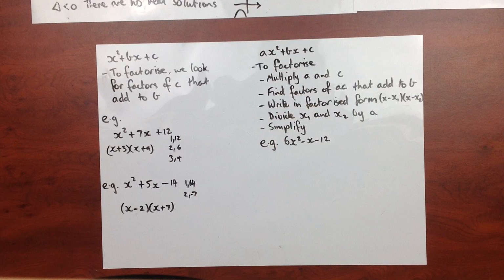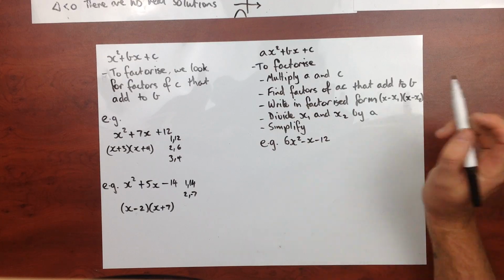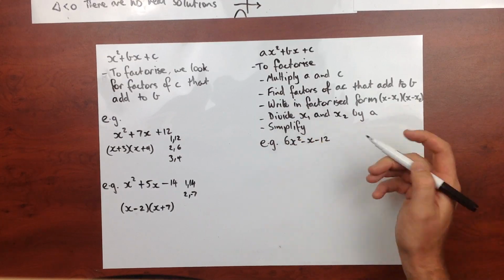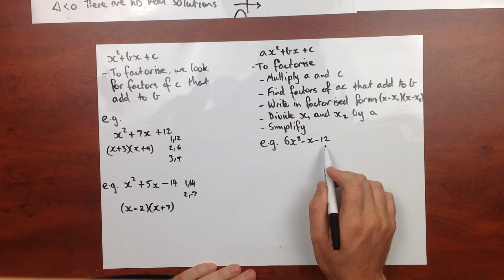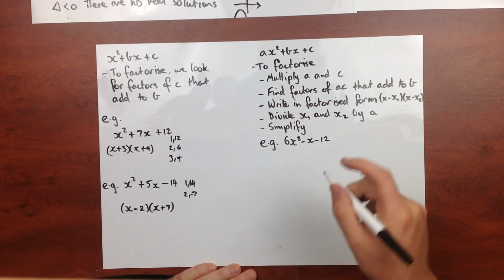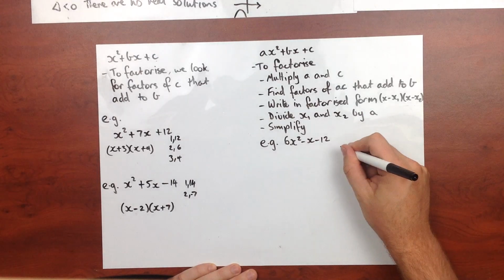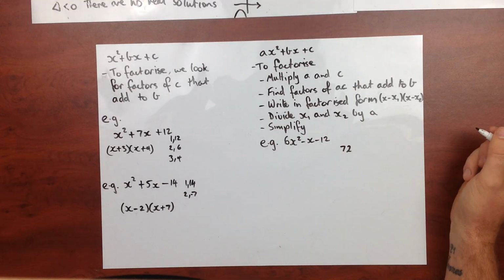You can get around it, but a way that will work for all of them is what we do is we multiply a and c, these values here, together. So 6 12s are 72.